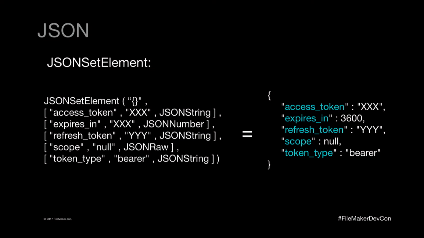It needs some testing before releasing it in a solution, so be careful with this. You need to test that the results are exactly what you want. These JSON string and JSON number are the type of key value that you are trying to create here. So it is important for you to read the documentation and do a lot of testing before rolling out this function in a solution.